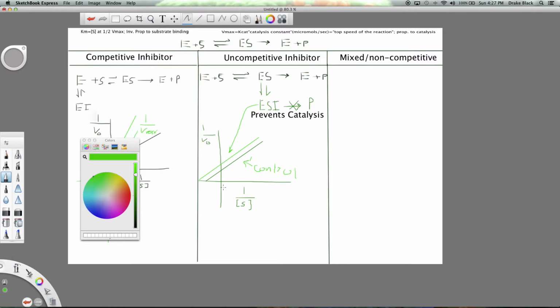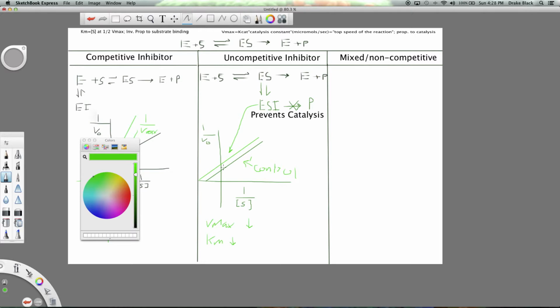So what happens here is the Vmax of the reaction goes down, and the Km value goes down.